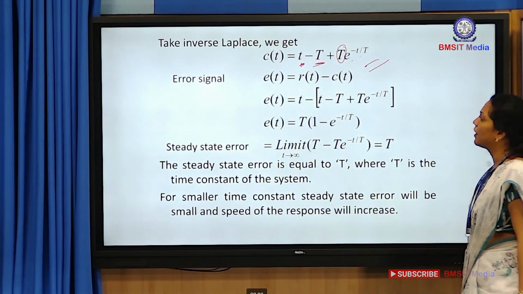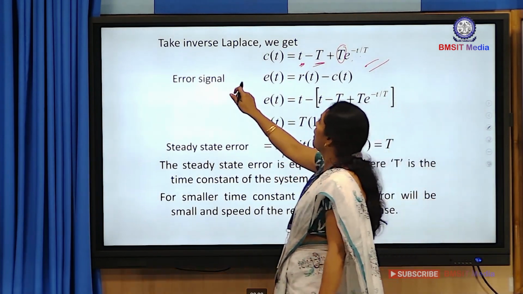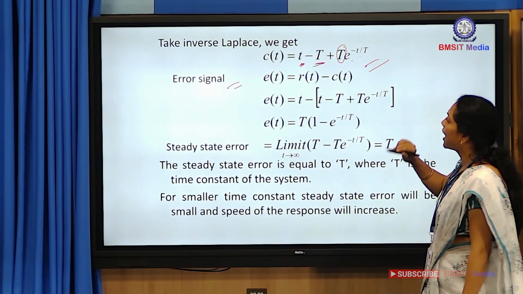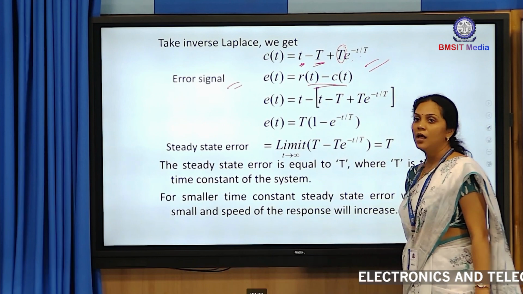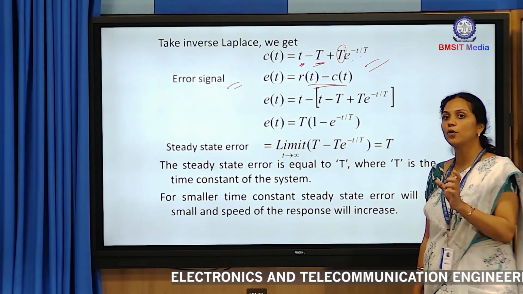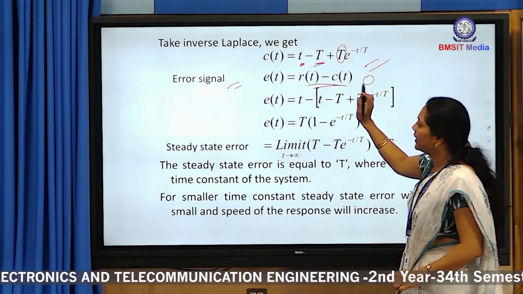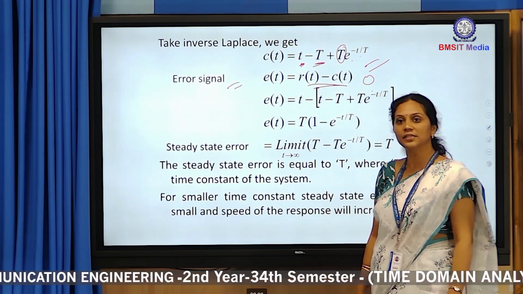Now, if I want to find the error for this, what is the error signal? The error signal will always be equivalent to the input minus the output. If you do input minus output and get some value apart from 0, then I will say that there is an error introduced into the system.